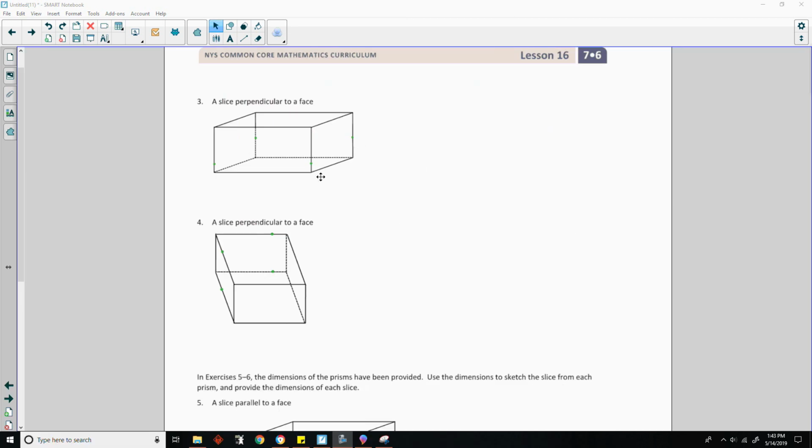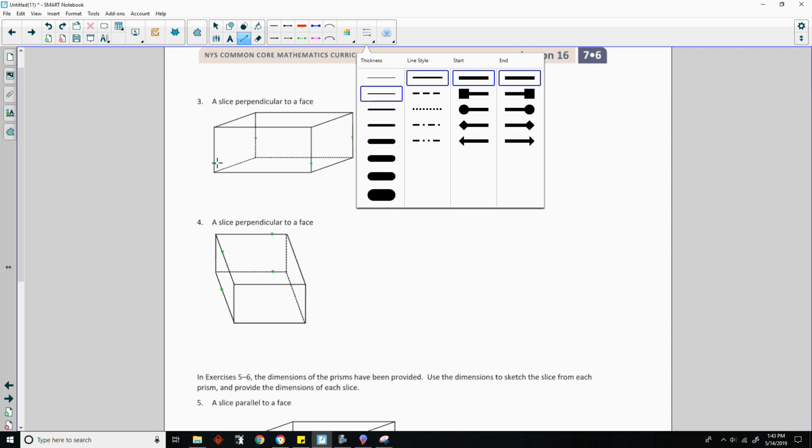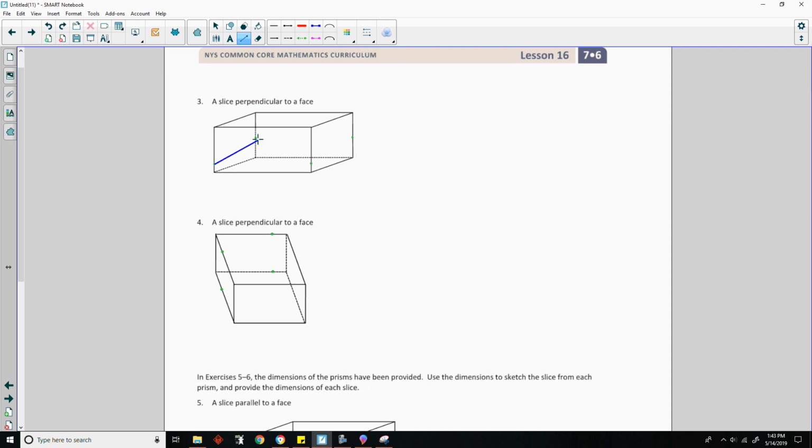Okay, page 4, number 3 says to draw a slice perpendicular to a face and shade it in. So I will use blue on this one. Let's see, blue, and maybe that thickness. Try to get my point right on that green dot and up to there.